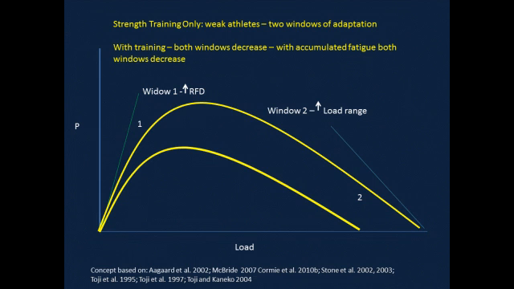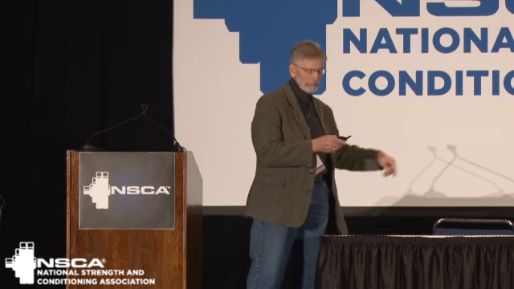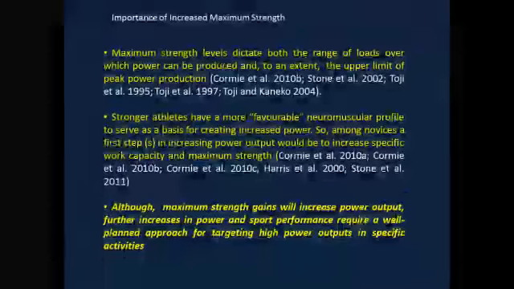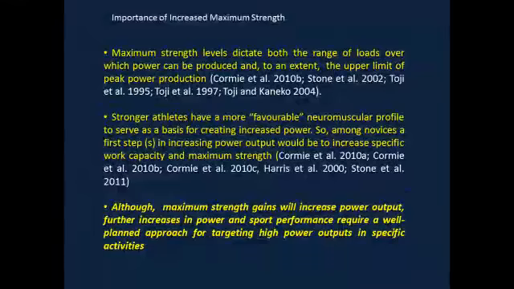And one of the things that we know is that in relatively weak people, athletes, we can, through strength training, attack both of those windows so that we now can increase the peak power and also the range over which we can produce power. Okay.